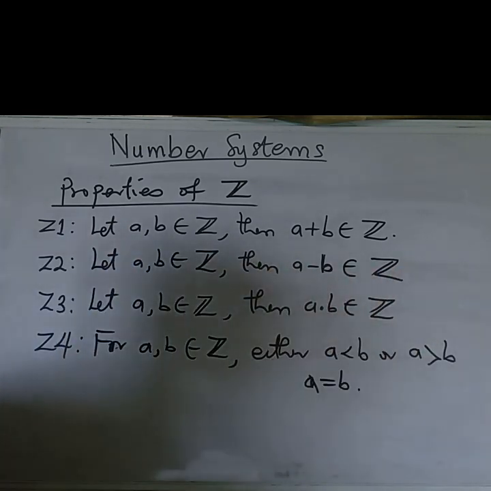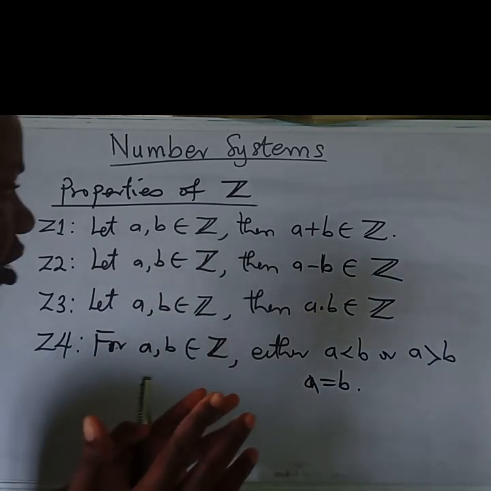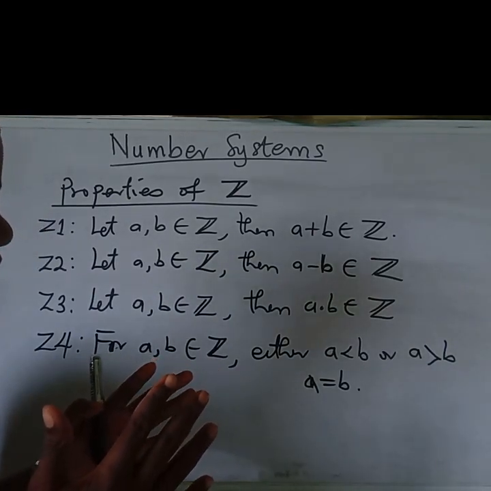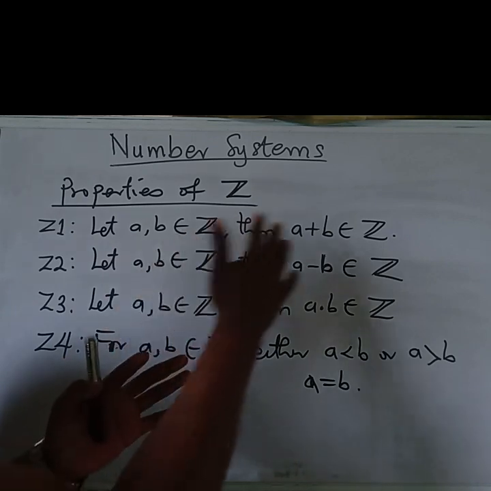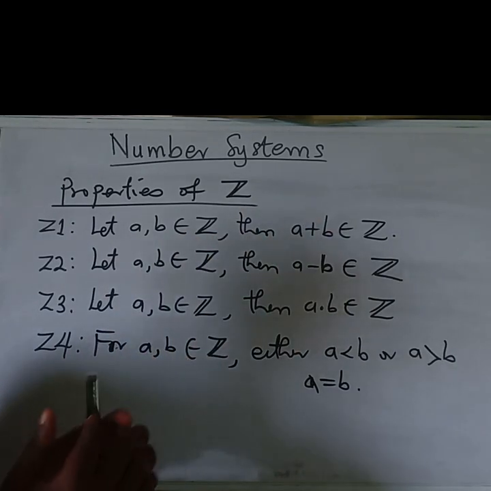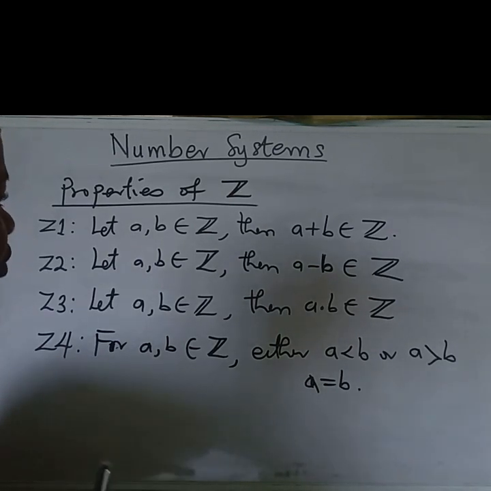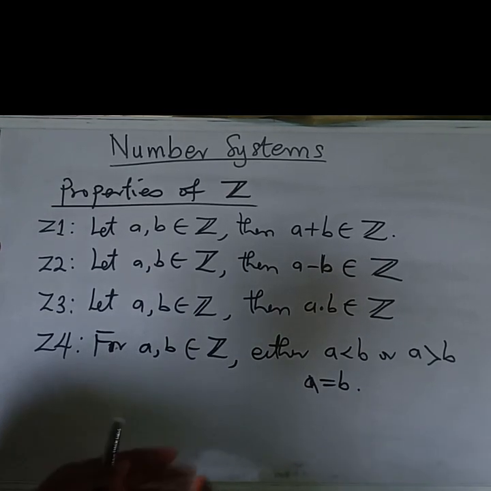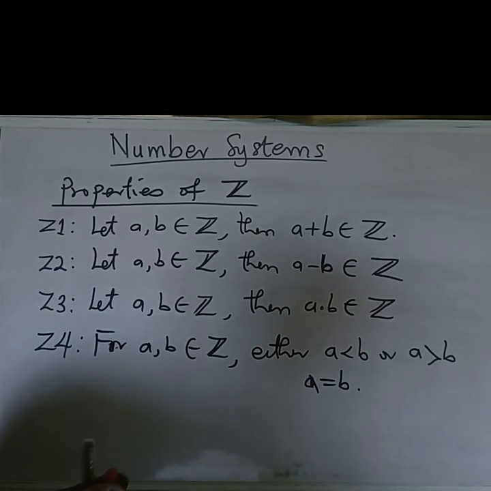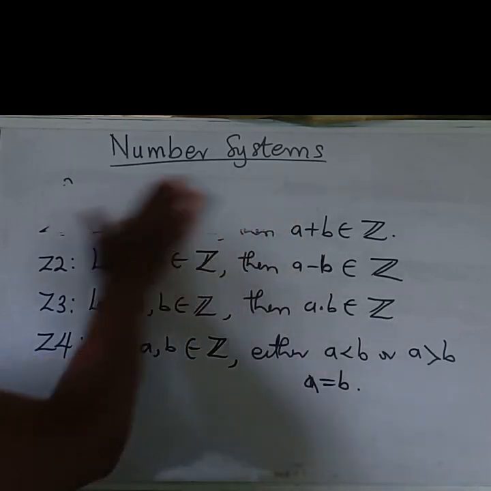So let's now discuss more attributes in each of these properties. This time we'll try to tabulate in order to see some of the features here.